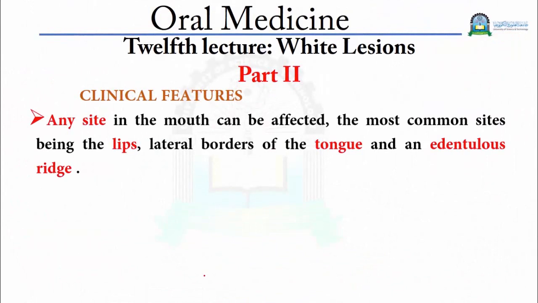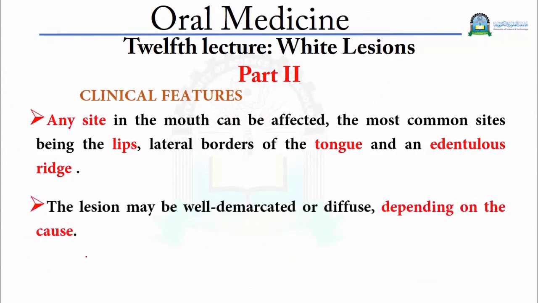Any site in the mouth can be affected by frictional keratosis, the most common sites being the lips, the lateral border of the tongue, and the edentulous ridge, which are chronically exposed to friction. The lesion may be well demarcated or diffuse depending on the cause of the friction.